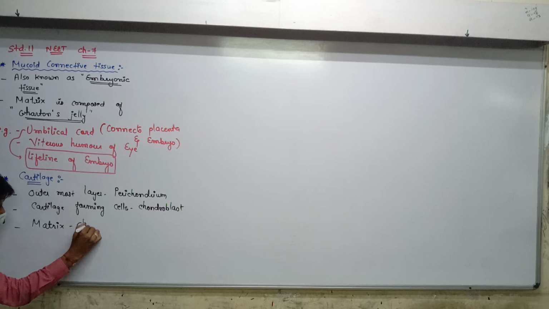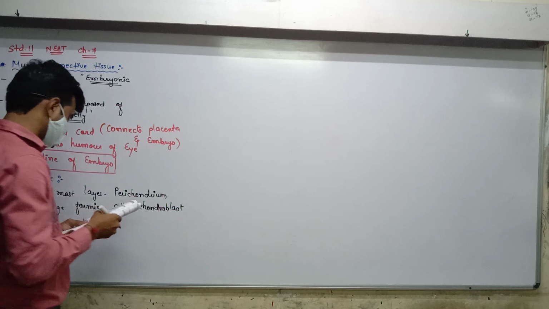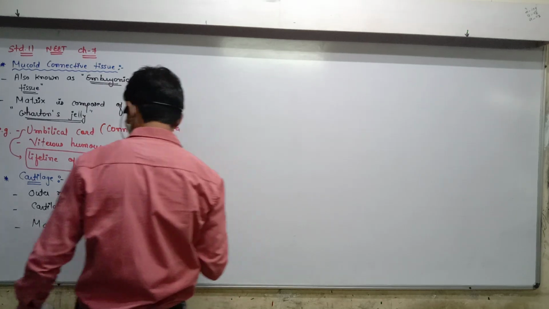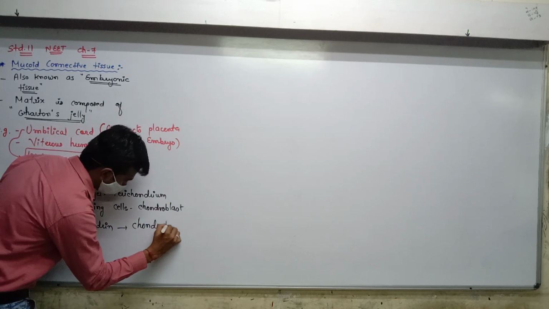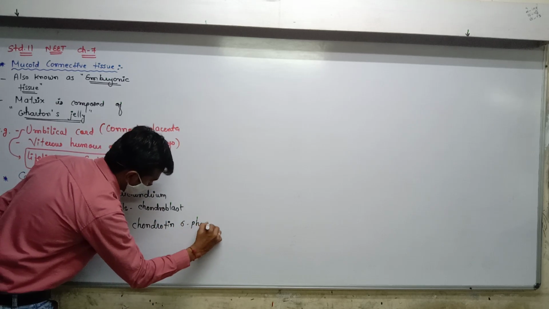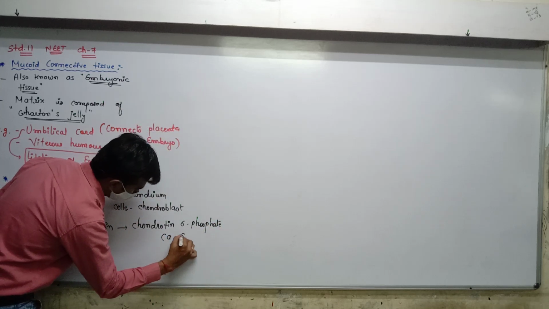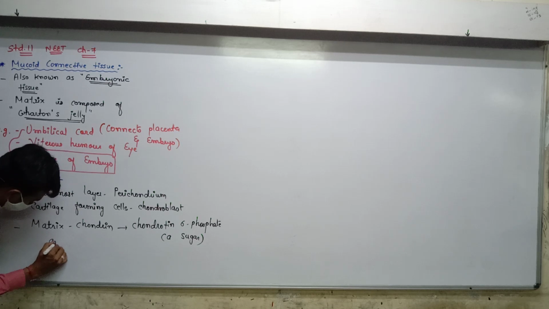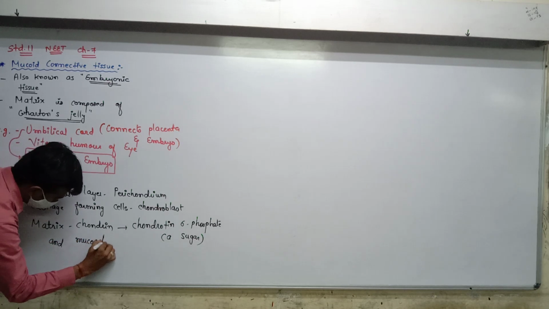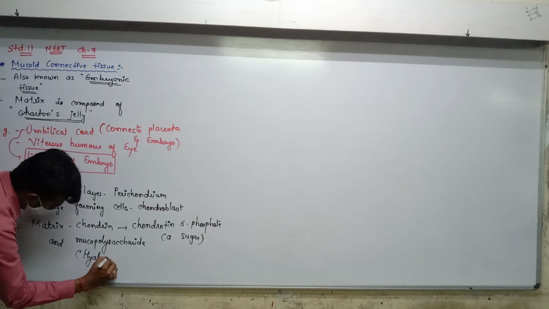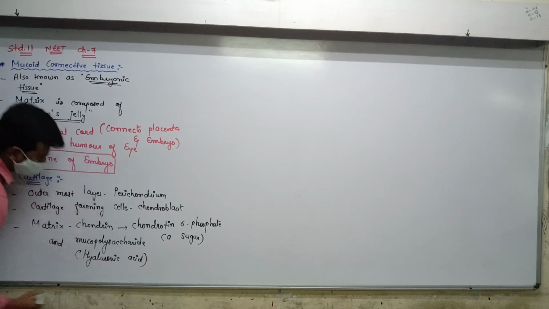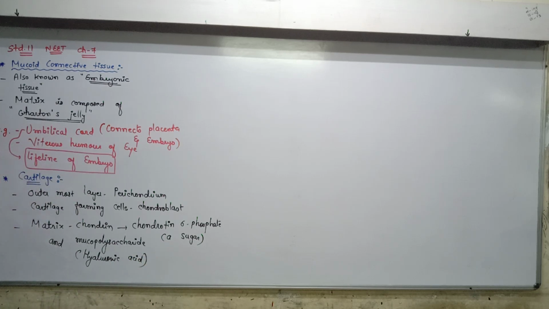Matrix of the cartilage is known as chondrine, and this chondrine is made up of chondroitin 6-phosphate.